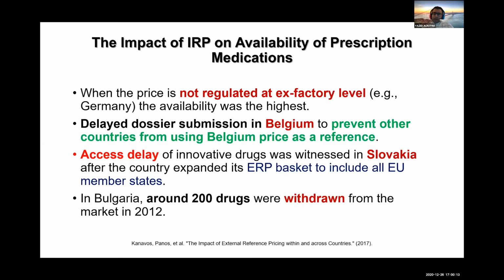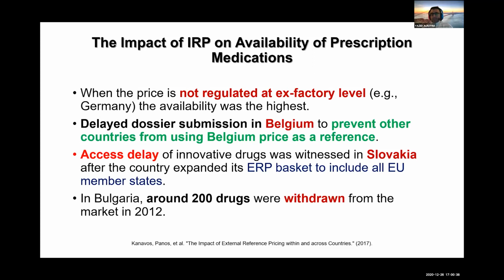What is the impact of IRB or ERB on the availability also? In the countries that don't use the ex-factory price level, the availability of prescription medication was actually okay, like in Germany, compared with countries that use ex-factory price level in their ERB method or approach. Delayed dossier submission in Belgium to prevent other countries from using the Belgian price as a reference.